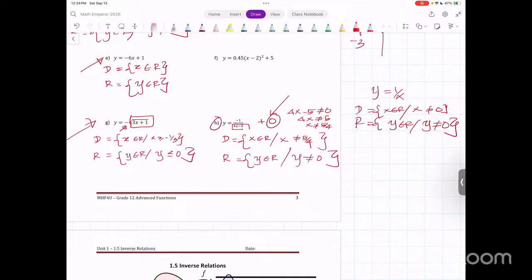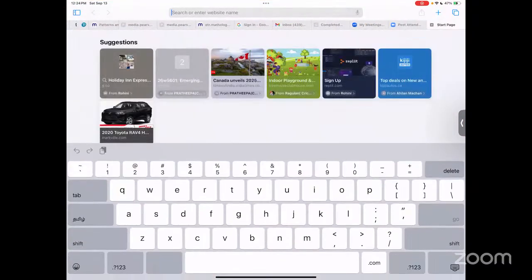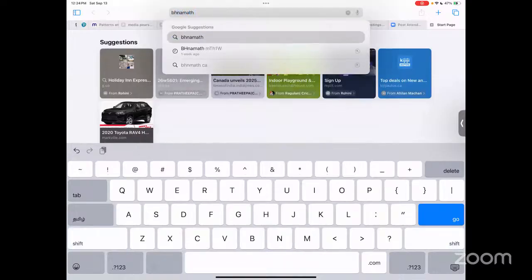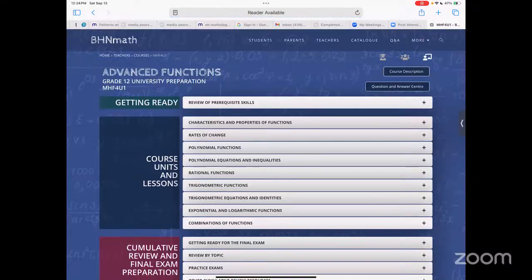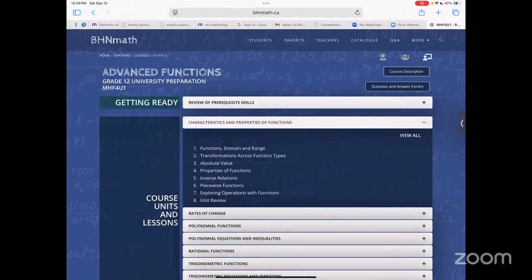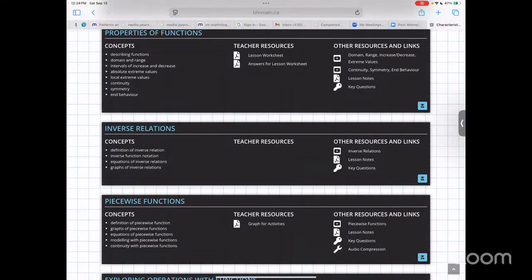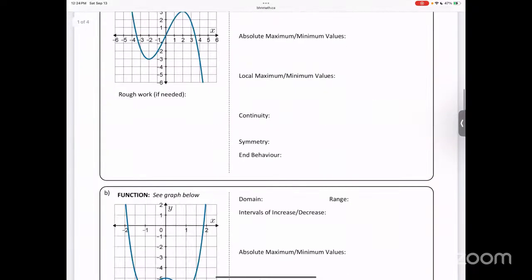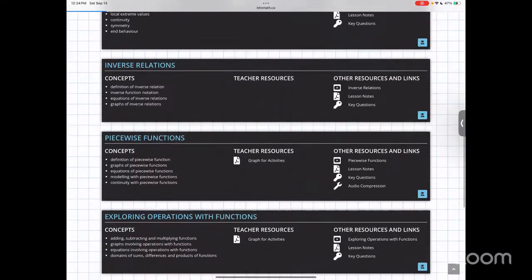Okay, yeah. So now we're going back to some practice here. Not this lesson worksheet and transformation of function.